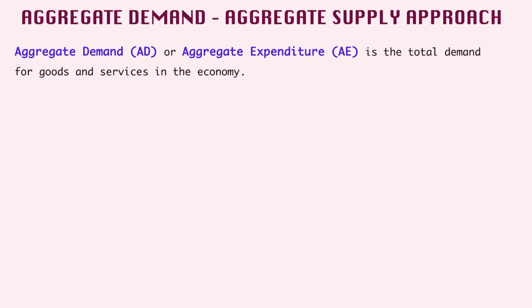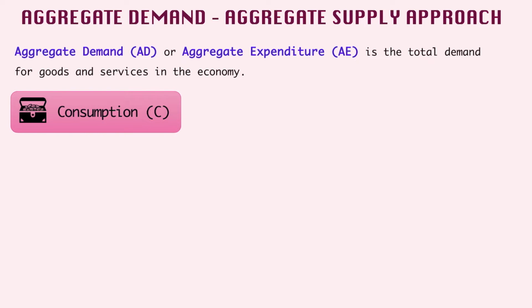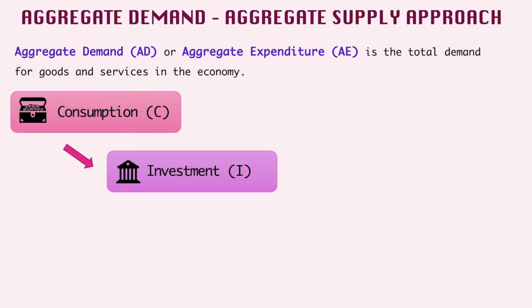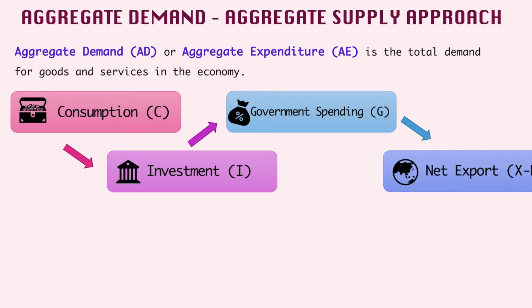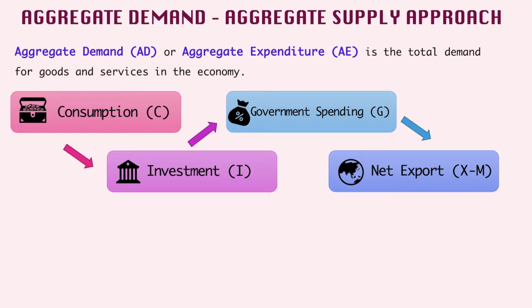For the aggregate demand, aggregate supply approach, aggregate demand is the total demand for goods and services in the economy. The first item under aggregate demand is consumption, or capital C. Second one is investment, I. The government spending, G, and the net export, which is export minus import.